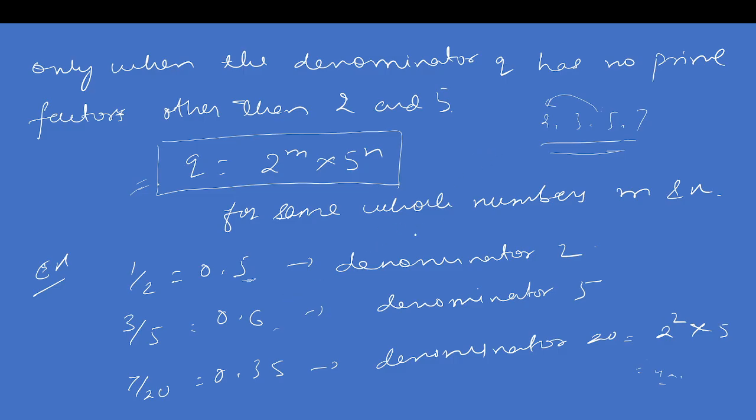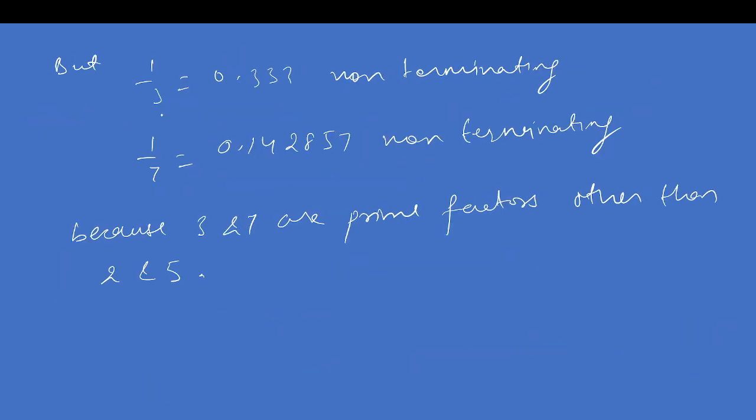These are our rationals, but the question asks what property q should satisfy for the decimal to be terminating. So q must satisfy this equation, because if you go with 3 and 7, these are also prime numbers, and it is non-terminating.